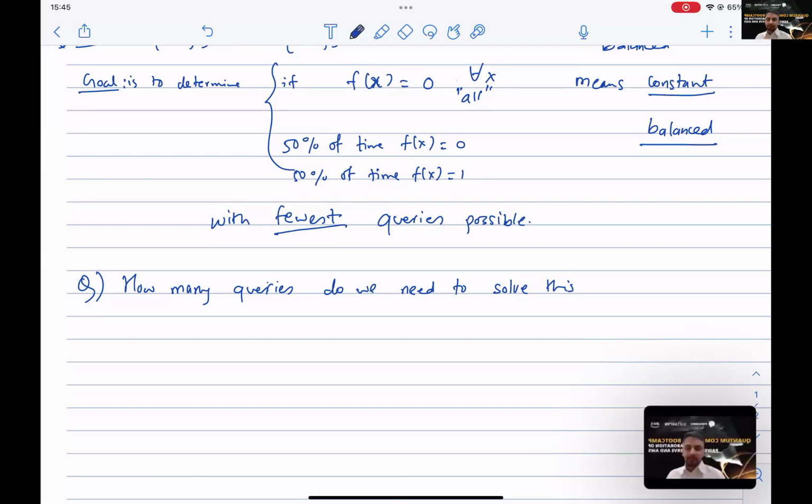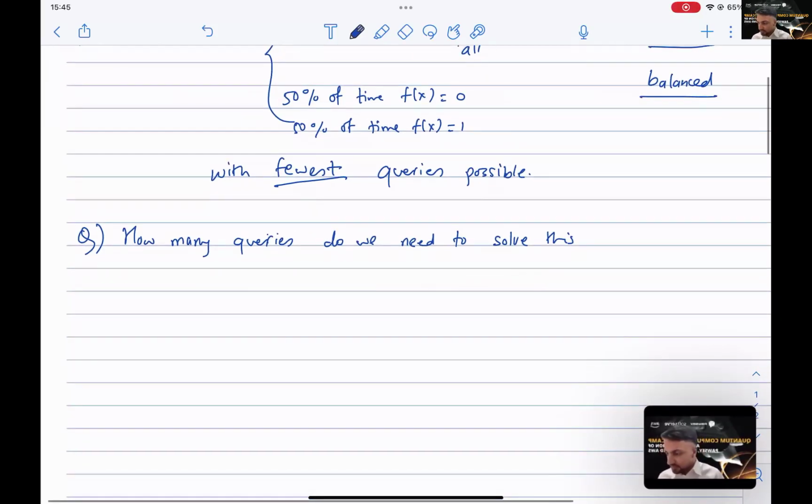Yeah, that's correct. So you need at least 2 queries is the answer. Let's say I apply my f(x). First time I get 0. And then I apply it again, and I get 0 again.